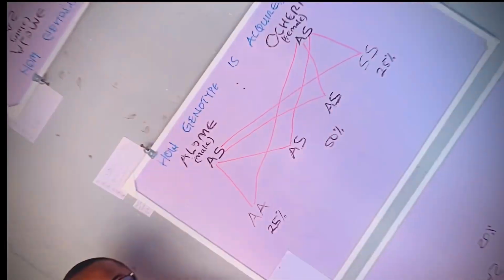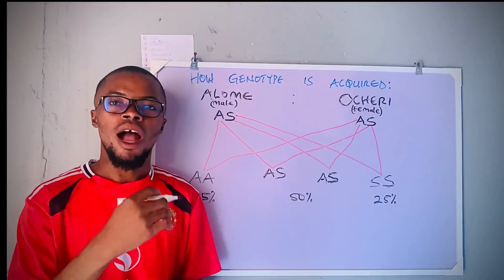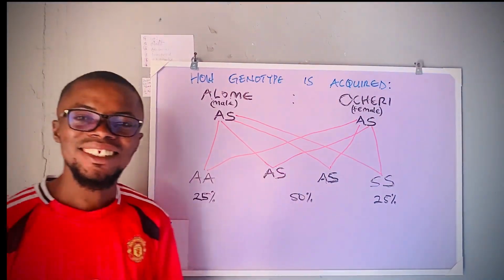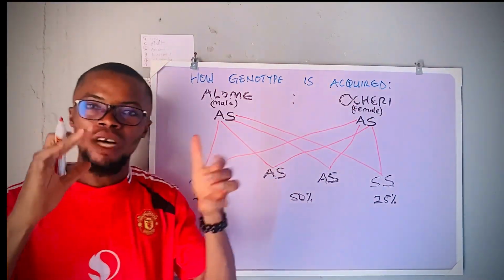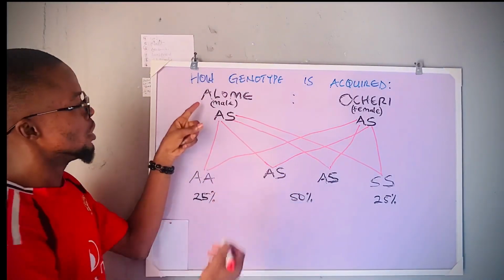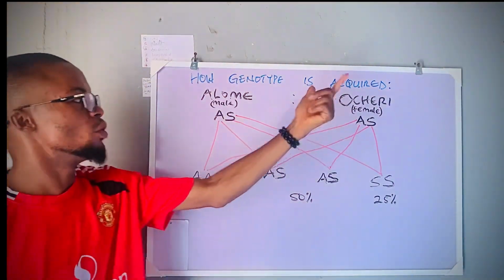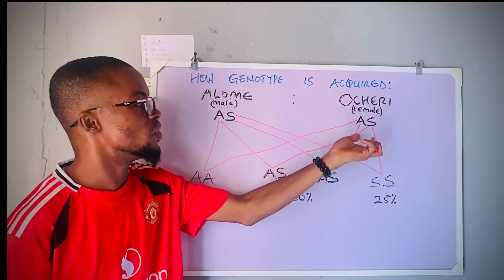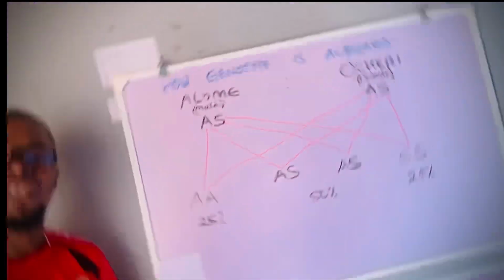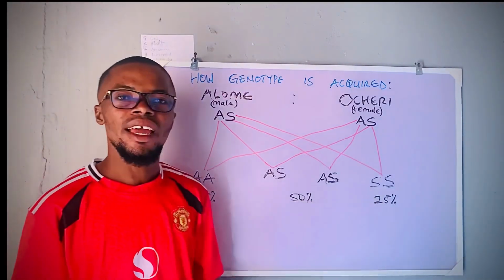Let's dive into how a genotype can be acquired. Assuming that Alome and Ocheri are about to get married. Alome here is a male with a genotype of AS, and Ocheri is a female with a genotype of AS. What is the probability of that child coming up with SS?